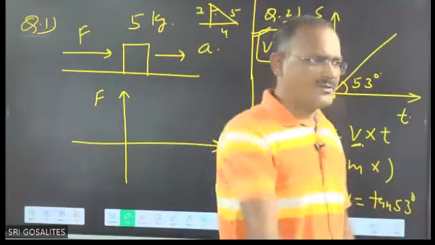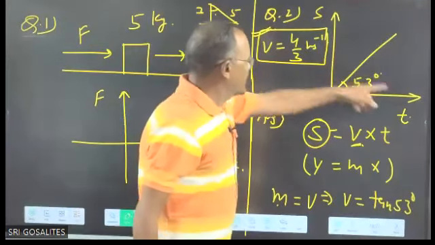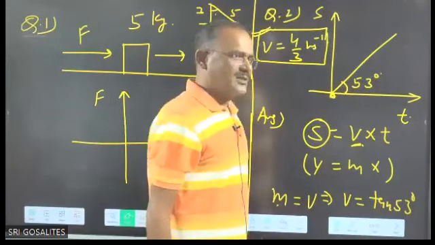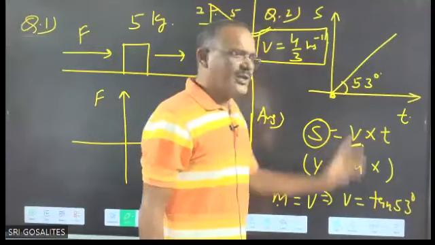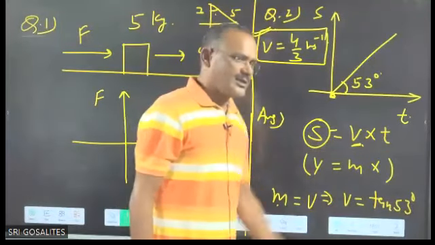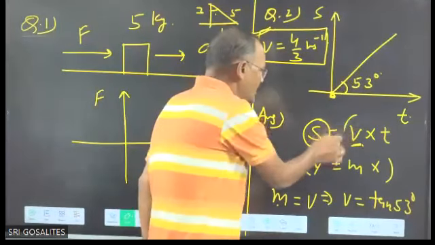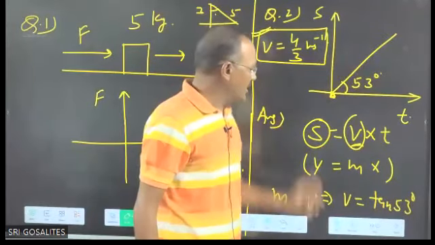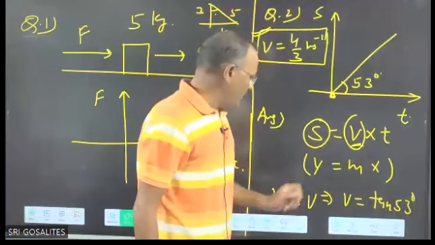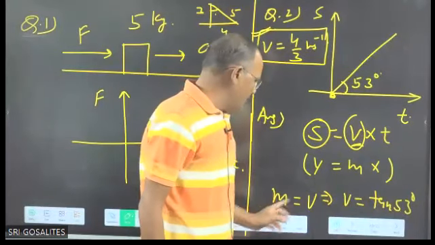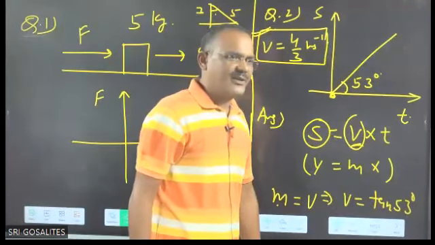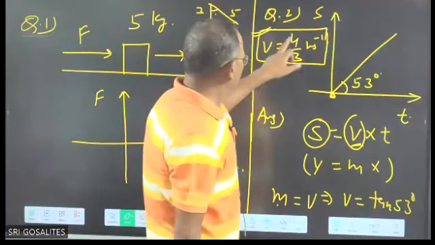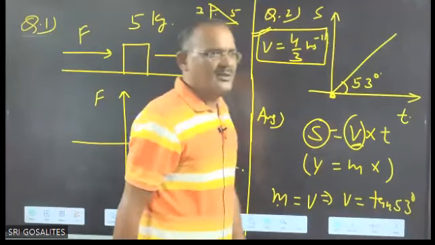Raise your hands. Beta, for a distance-time graph like y and x, distance is speed into time, like y equals mx. So v is the slope of this curve. Speed means slope of this curve. So m equals v, meaning v equals tan theta, tan 53, that is 4 by 3.